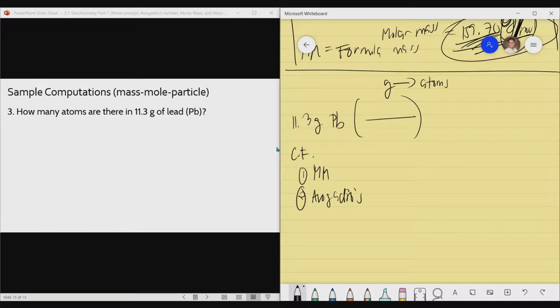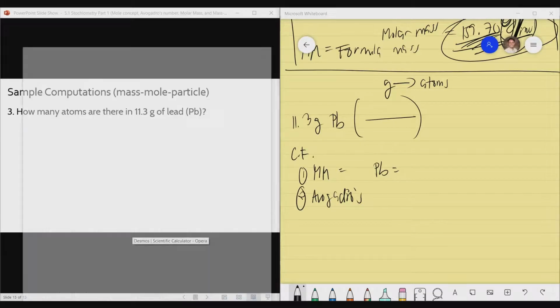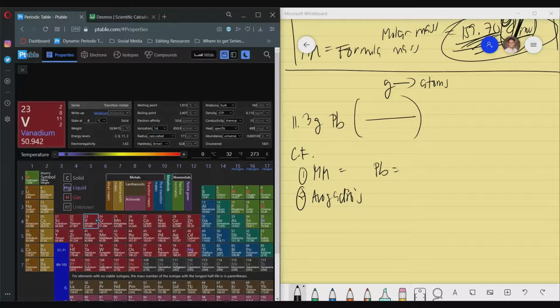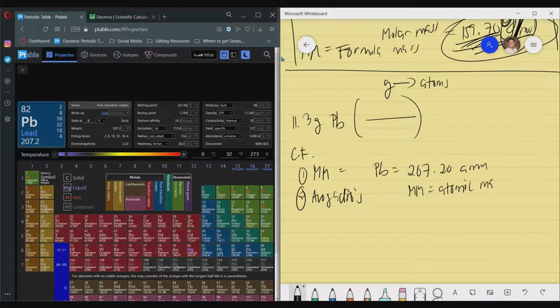Let me start with the molar mass of lead. First, we need to go to the periodic table and look for lead. Lead is Pb, and it is 207.20 AMU. Again, we know that molar mass is equal to atomic mass as discussed previously.